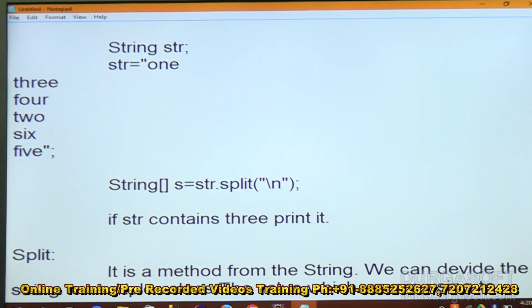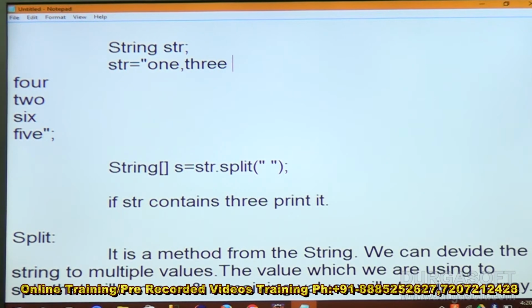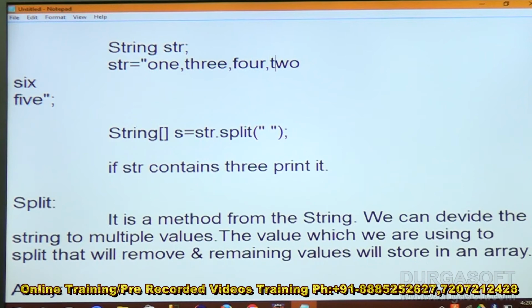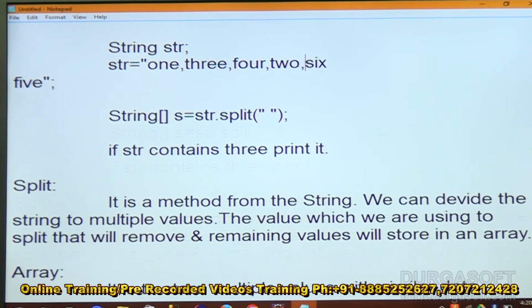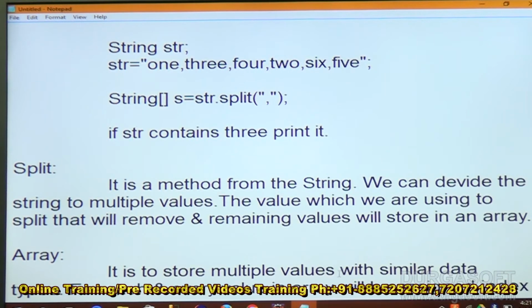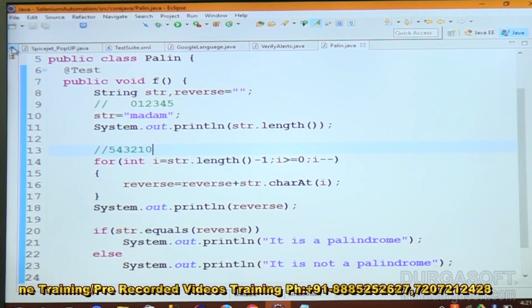Line by line, first line S of 0, second line S of 1, S of 2, like that. But here my syntax is comma, 1, 3, 4, 2, 6, 5. So I go for comma split it.